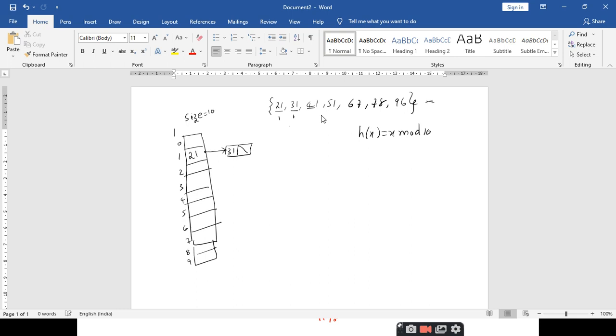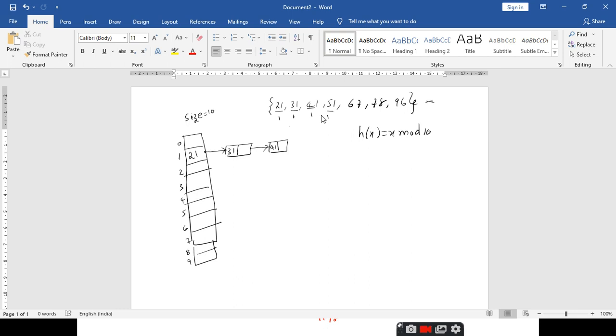And coming to 41, 41 also evaluates to 1. Now I found that it is already occupied, so I create a new node and insert 41 as the last node of the linked list. Similarly for 51, it also evaluates to 1.